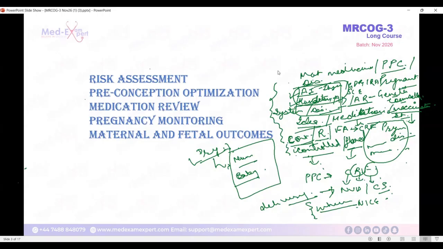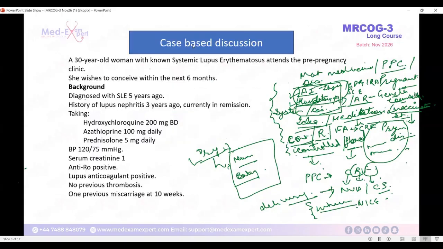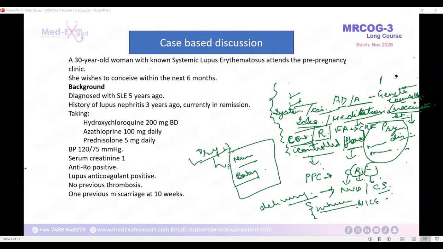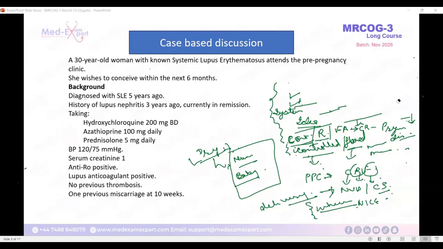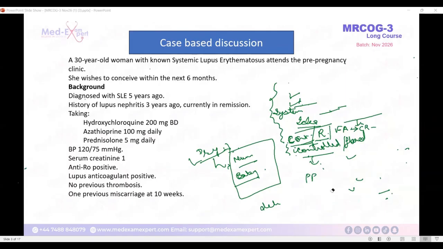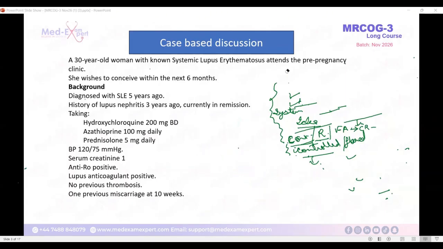I'll be erasing it, and then we can proceed. And believe me, no need to note everything. Just keep it in mind, make a mind map, make a mind frame, and then we are good to go. Just with the practice and just with the bullet points, you will be able to manage the stations.